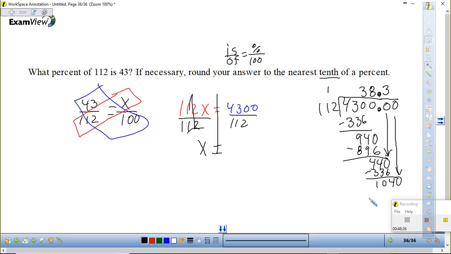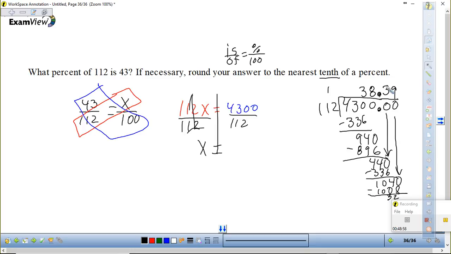How many times does it fit into 1,040? 9. Let's see, 9 times 2 is 18. Got 1. 9 plus 1, that's 10. Subtract, that leaves us with 32.